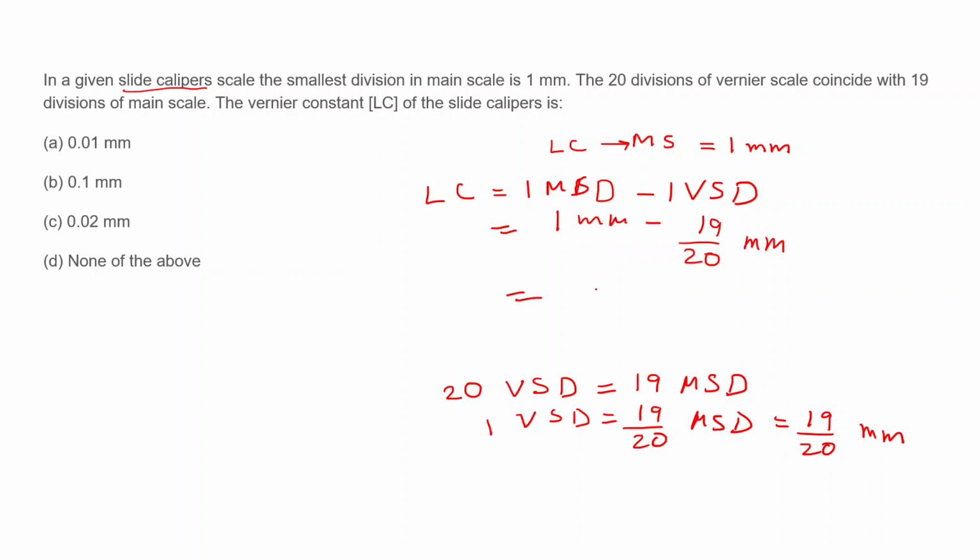So once vernier scale division, from this relation we obtained, is 19 by 20 millimeter. So it will be 20 minus 19, 1 over 20 millimeter, and this will be how much? Wait, just to be correct, I will use calculator. I think it's 0.05.